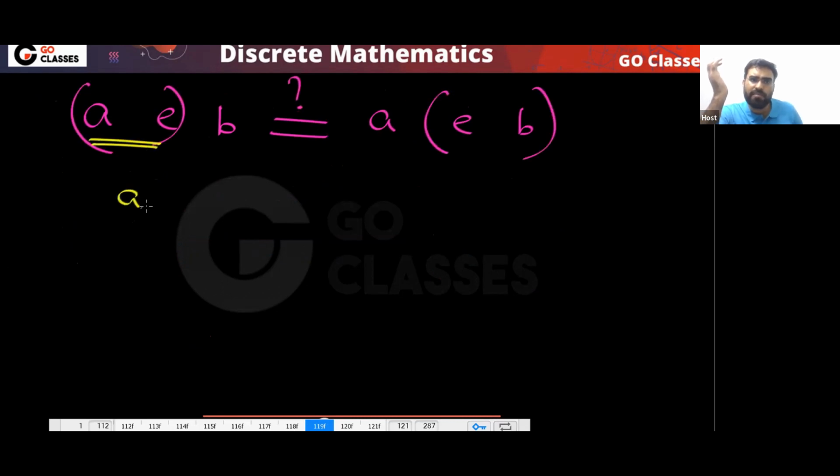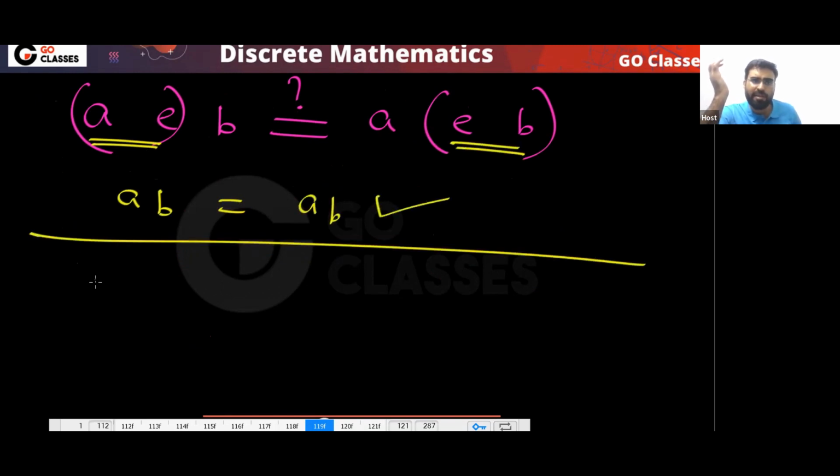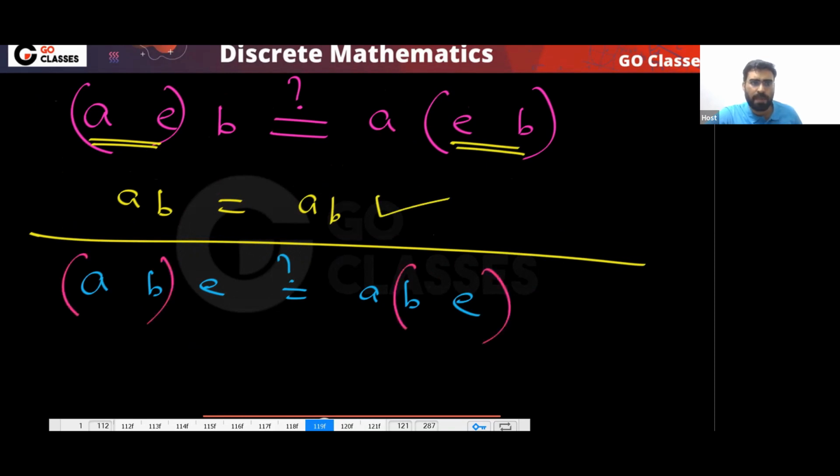Yes, this will be A, so this will be AB, and this will be B, so this will be AB. So if you involve identity element, there is no need. You can save some time. Yes or no? You don't have to include the identity element. This trick will save you some time.